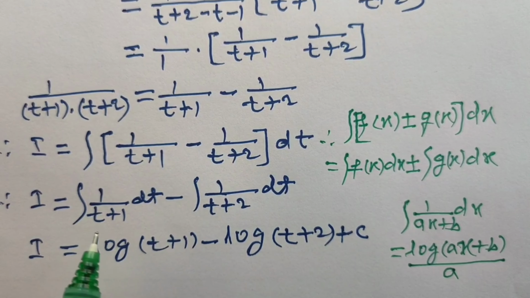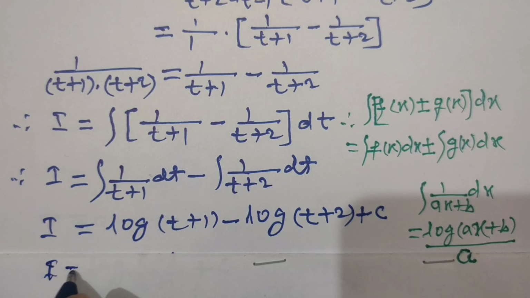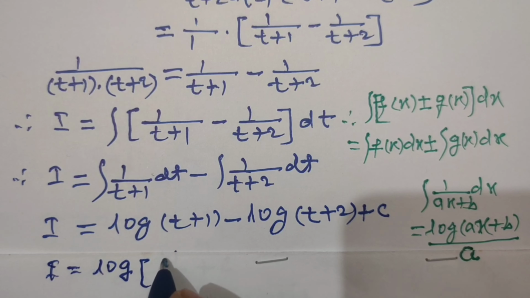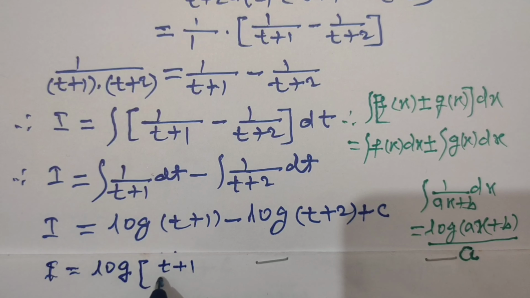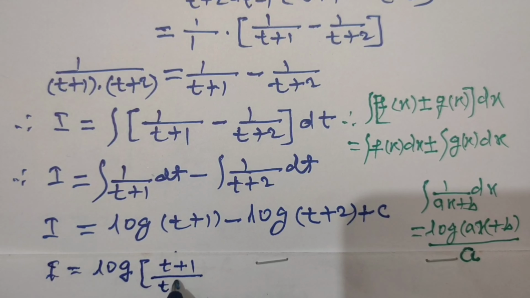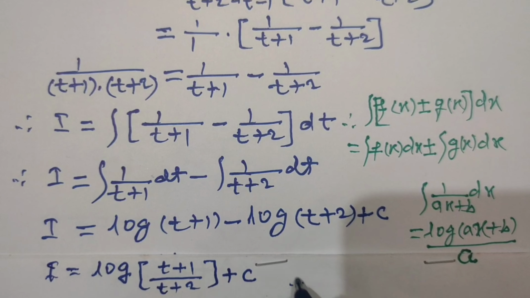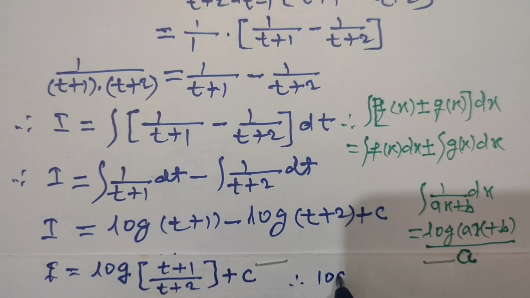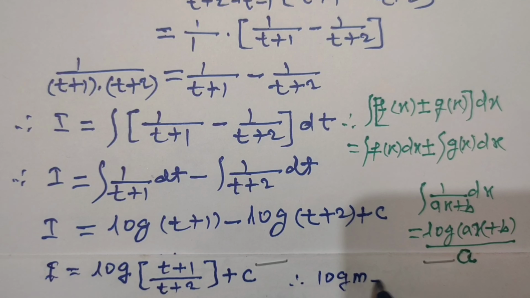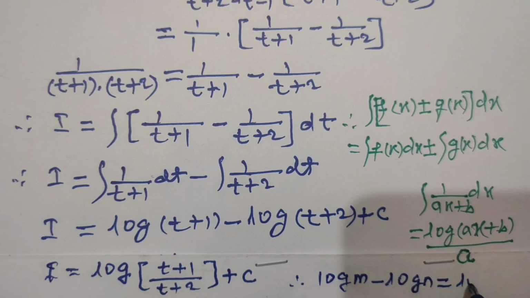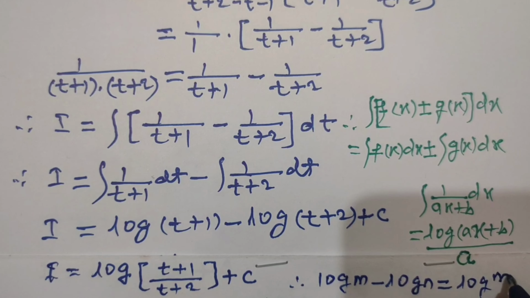Applying this property, here the coefficient of t is 1 and here also the coefficient of t is 1. So I is equal to logarithm of (t + 1) divided by (t + 2) plus integral constant c, since we know the property of logarithm: log m minus log n is equal to log of m upon n.